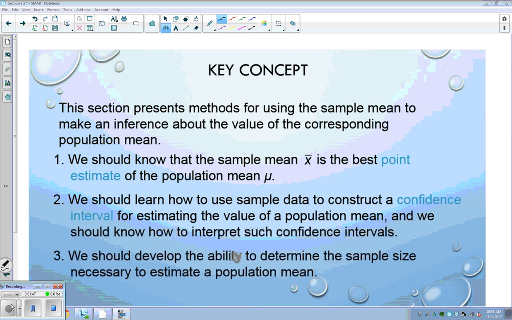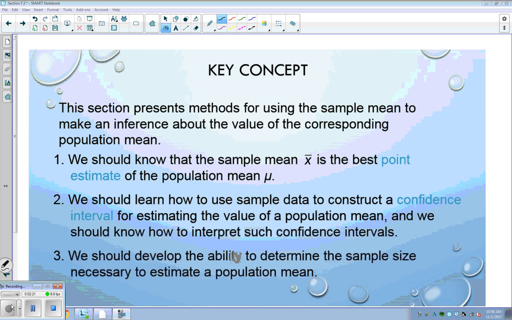So just like we did with proportion, the sample mean x bar is the best point estimate, one point estimate of our population mean. Well, because it's only a sample, we can't say that it's directly that, right? So we're going to then make an interval, just like we did with proportions, at a specific confidence level so that we can estimate that population mean.